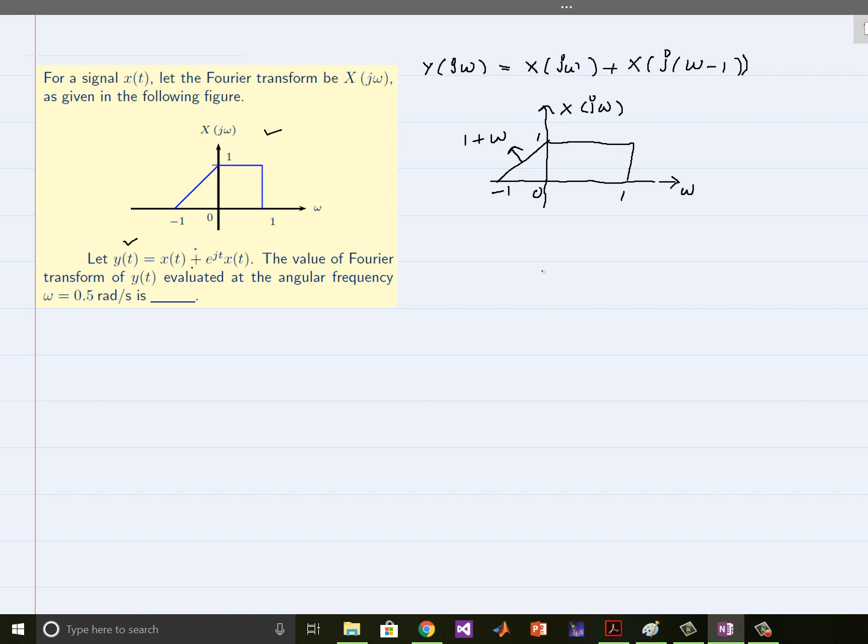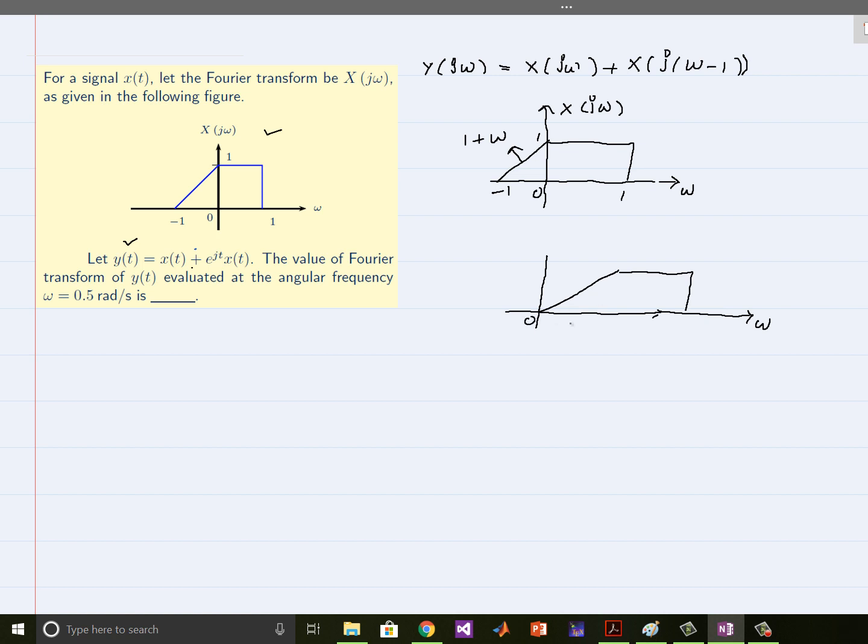Similarly, the shifted version would be like this. The Fourier transform would be shifted by 1 unit, and the plot will look like this.